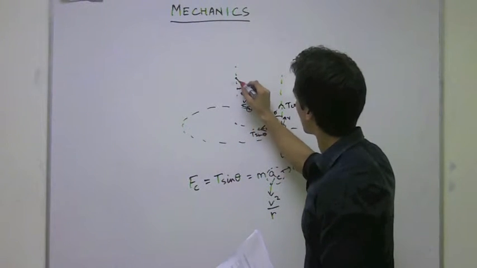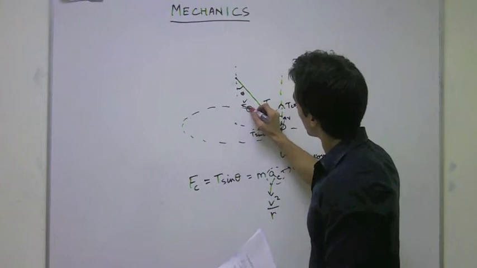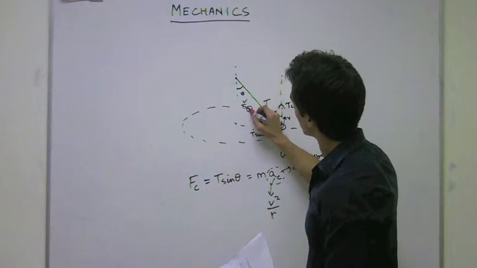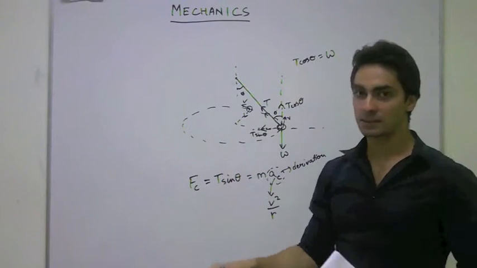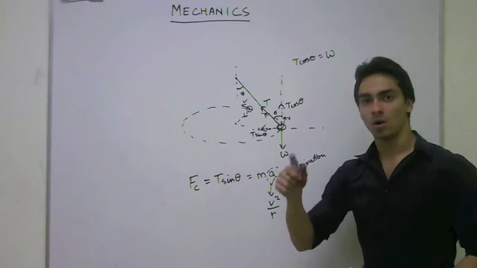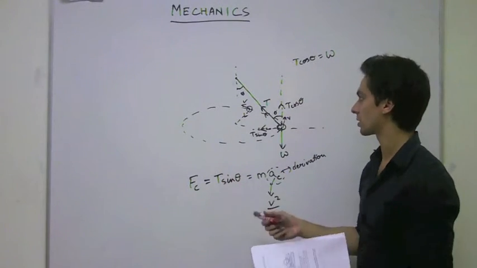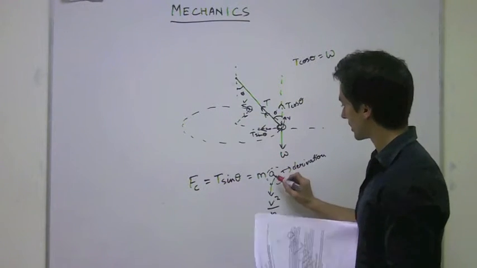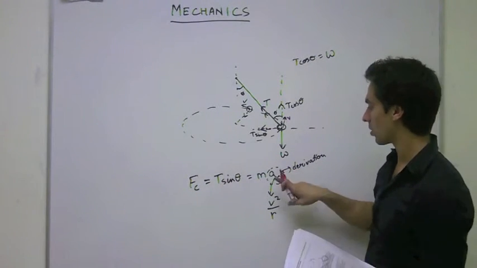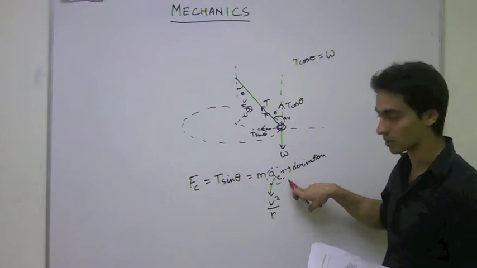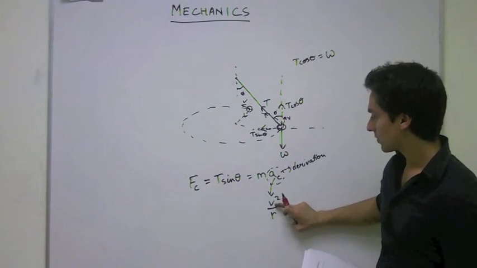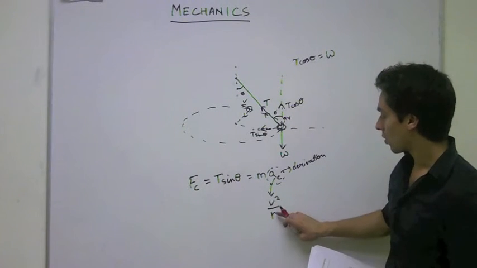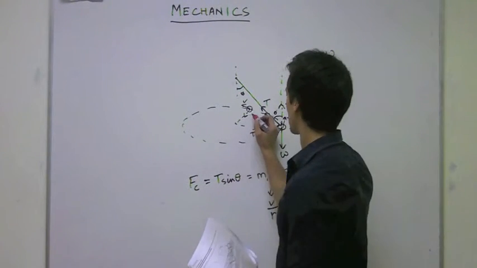Over here again, when the stone is in that direction, if we resolve the forces, we will see that the force will be acting towards the center of the circle, and hence the acceleration is also always towards the center of the circle. Alright? So the centripetal acceleration is always towards the center of the circle, and its value is calculated with the tangential velocity, v square over r, where r is the radius of this circle.